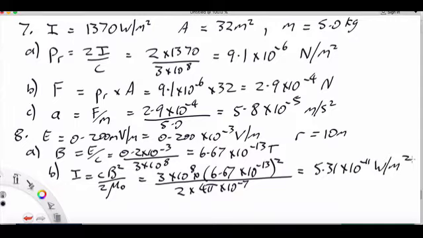You can see all of these numbers are very, very small because really the light reaching the telescope is going to be very, very small in amplitude.